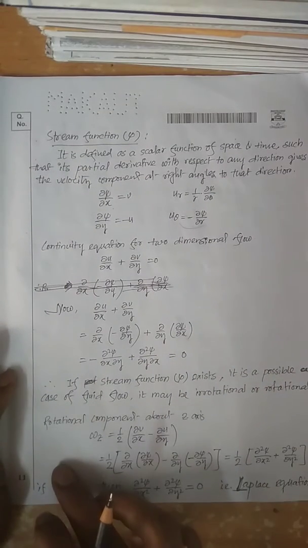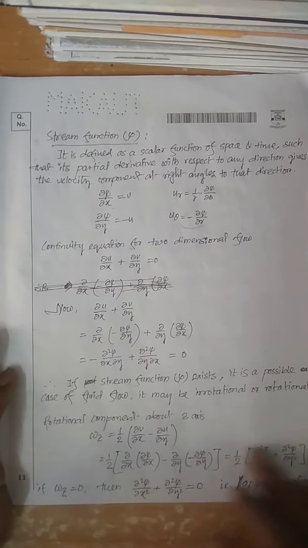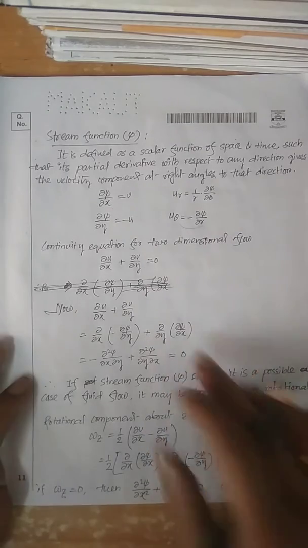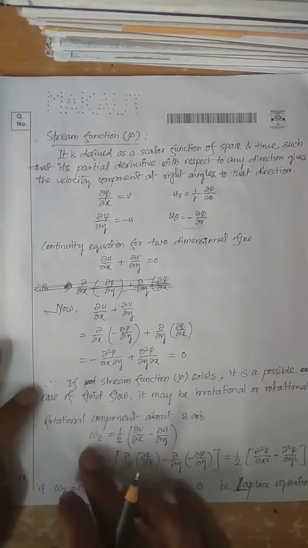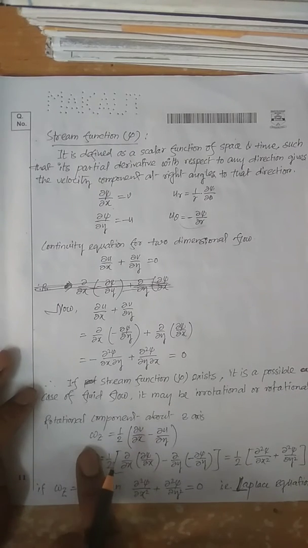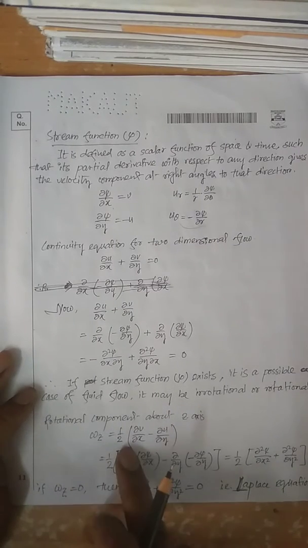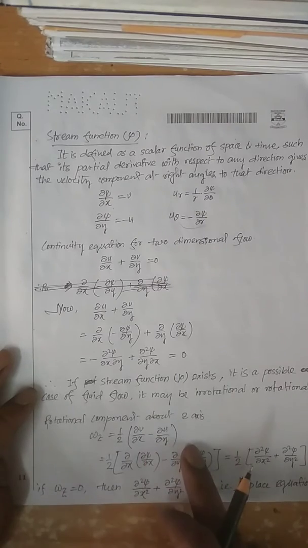But it may be irrotational or rotational. Now the rotational component of velocity in the xy plane, or with respect to the z axis, that is omega z, is equal to half of del v del x minus del u del y.